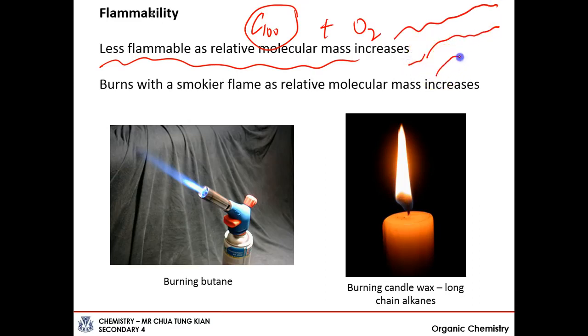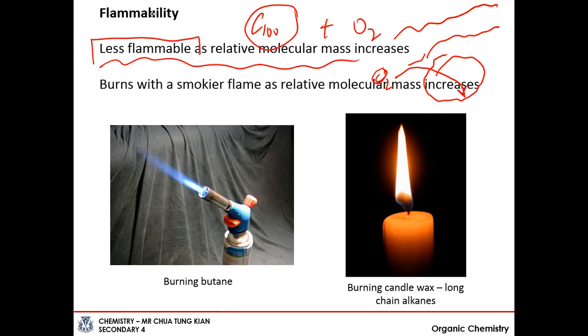It is actually curved, bent, it entangles itself. So for something to react, the oxygen must reach inside the chain. And this is a bit hard when the chain is really long, and it sort of protects the carbon atoms on the inside from coming into contact with oxygen. So reaction doesn't really take place that fast. So as a result, it is less flammable.